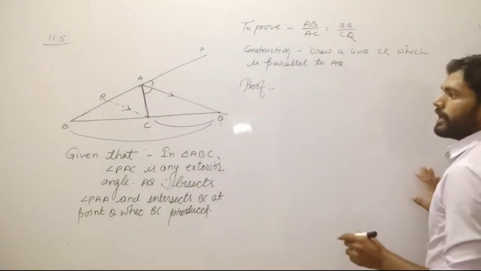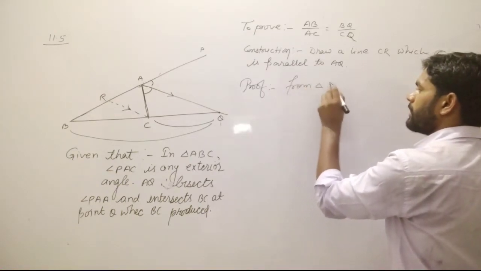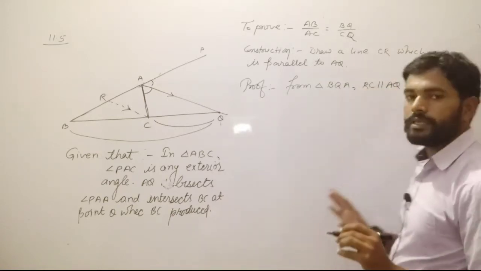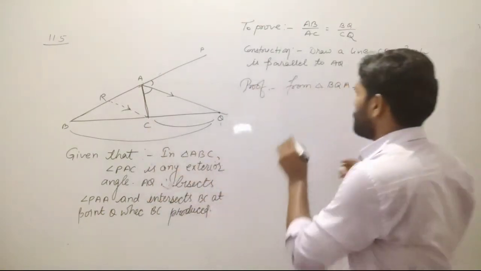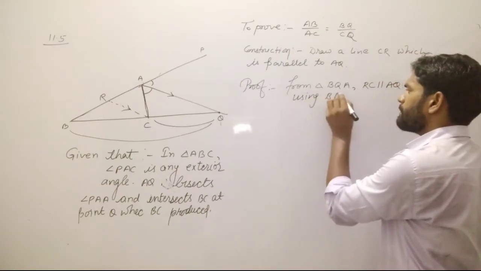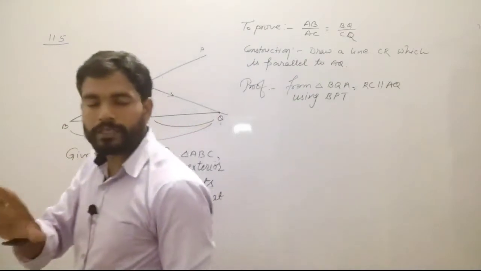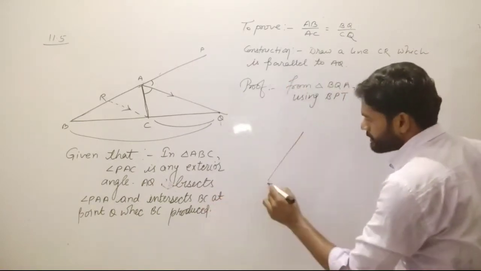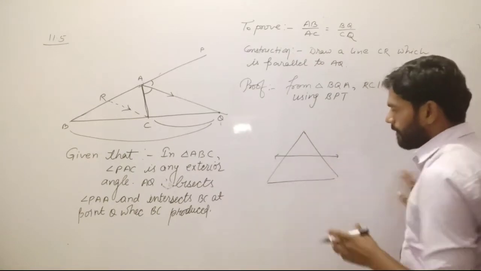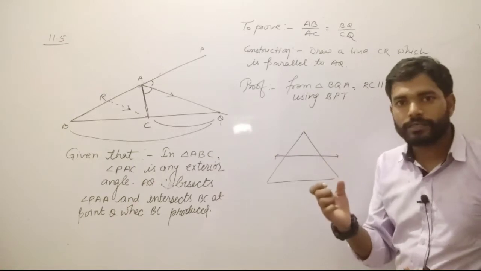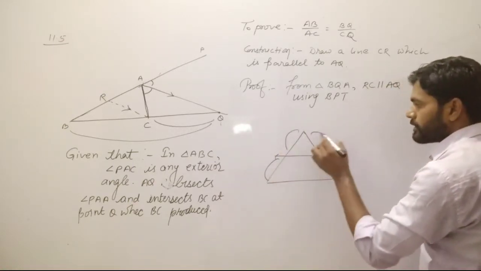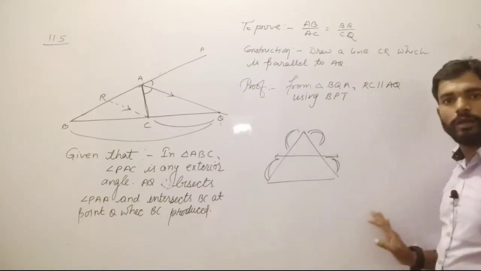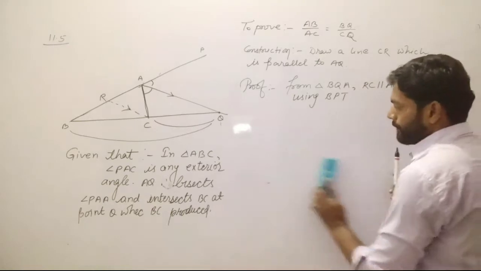So from triangle BQA, RC is parallel to AQ, therefore using BPT, the Basic Proportionality Theorem. Let me explain again what BPT was: if a line in a triangle is parallel to the third side and intersects the remaining two sides at any points, then the corresponding ratios are proportional to each other. That was BPT, and I will apply this theorem here.